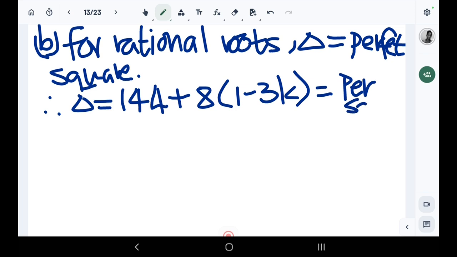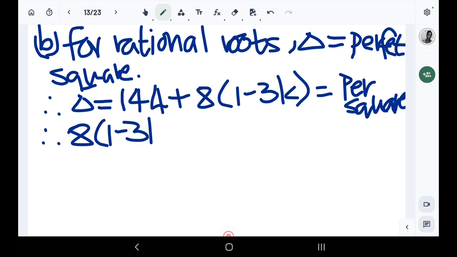Since 144 is already a perfect square, for the whole discriminant to be a perfect square, we will need the 8 times 1 minus 3k to be 0. Therefore, 8 times 1 minus 3k must be equal to 0.